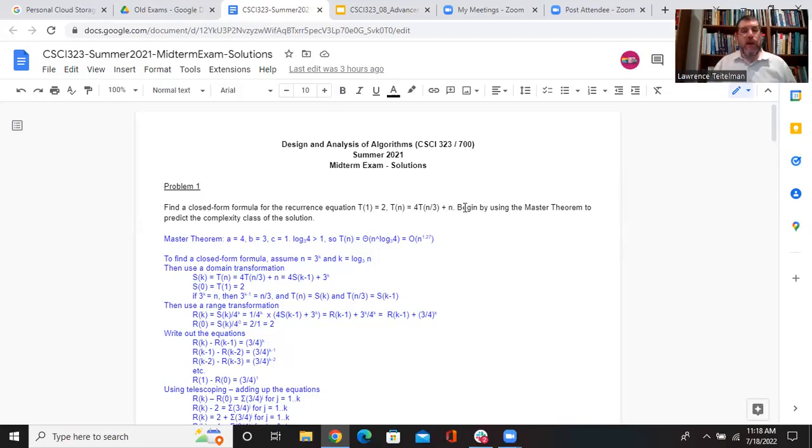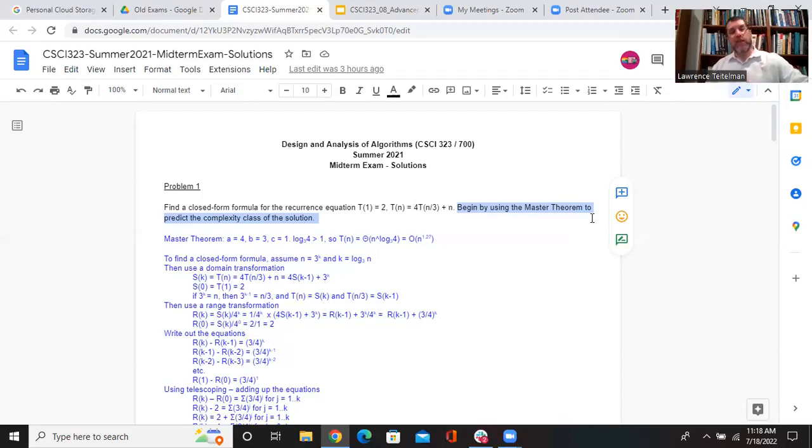So we want to solve this. And before we solve it, we are also asked to begin by using the master theorem to predict the complexity class of the solution. Sometimes what happens is people, especially where we didn't have in-class finals, so everyone has a copy of the master theorem in front of them at home, can Google it and look it up, and they usually know how to deal with the master theorem.